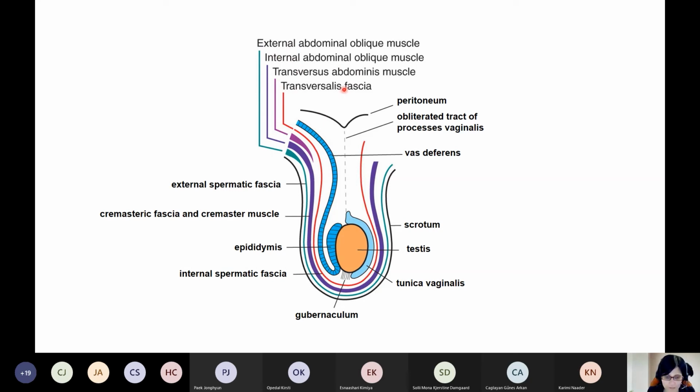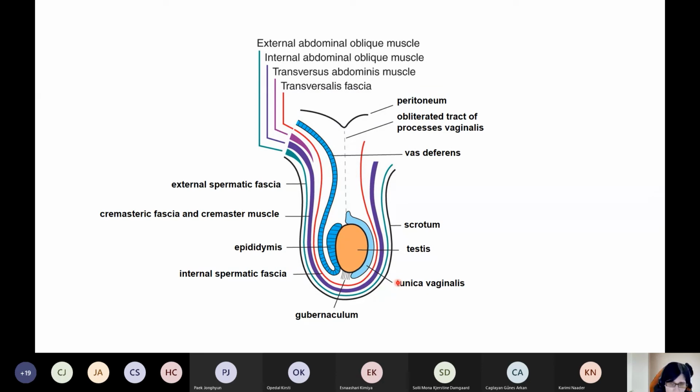And these layers will be pushed by the testis during its descent, and therefore the derivatives of these layers could be seen around the testis. They are the capsules around it. Of course, the vaginal process normally loses its connection with the peritoneal cavity, and only this tunica vaginalis remains.